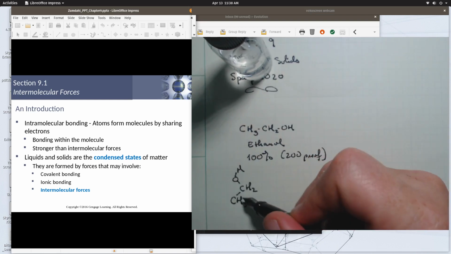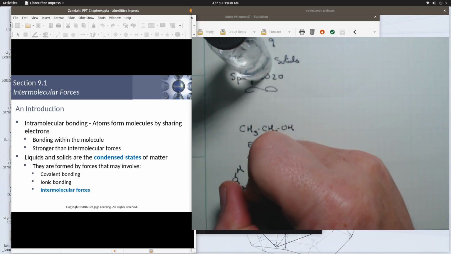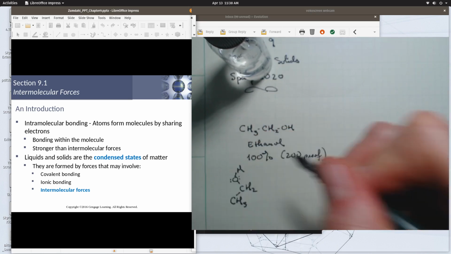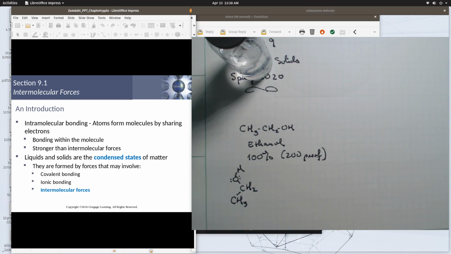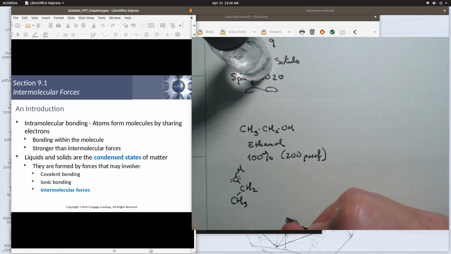There are different kinds of atomic and molecular interactions. Remember, this oxygen has lone pairs of electrons stuck to it over there, right? So what can happen in something like ethanol is that you can get very strong intermolecular bonding. Let's say, for example, I have another ethanol over here.